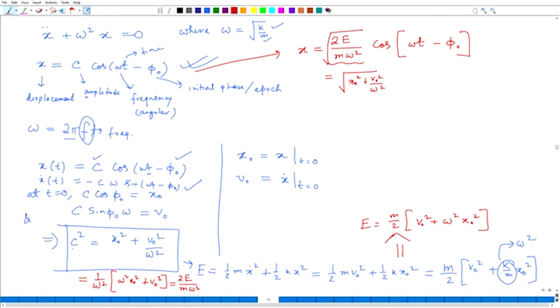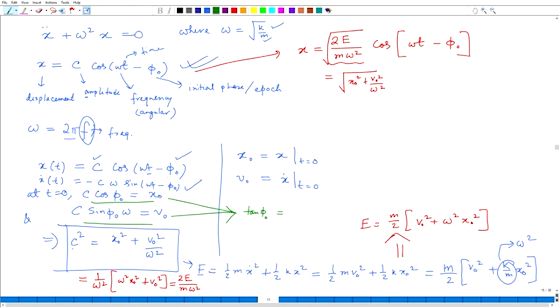Now, what about this phi 0? May I do something interesting also with the phi 0? This is super easy, because you know that c cos phi 0 is equal to x 0 and c sin phi 0 is equal to v 0 by omega. So, then what will be tan phi 0?